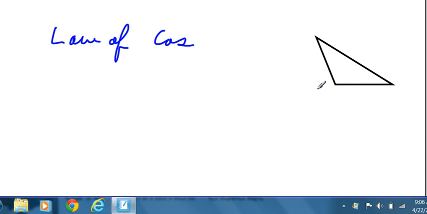I've got a capital A, B and C, and a little a, little b and little c. And it's not a right triangle. If it's a right triangle, I'm not going to use this at all.